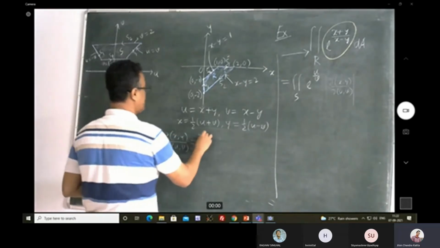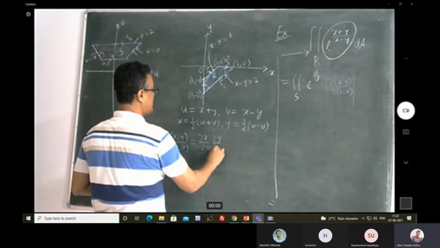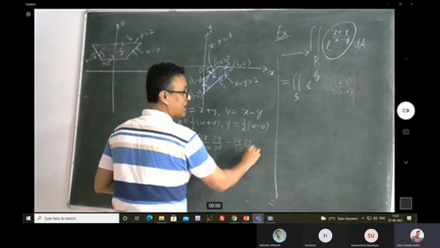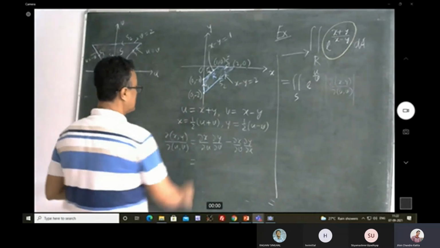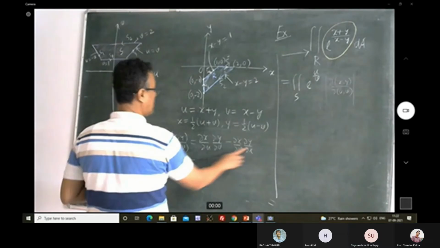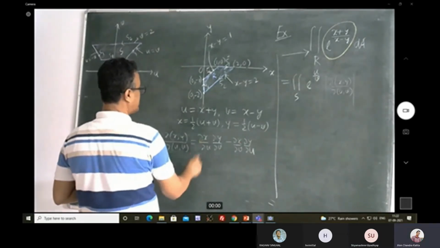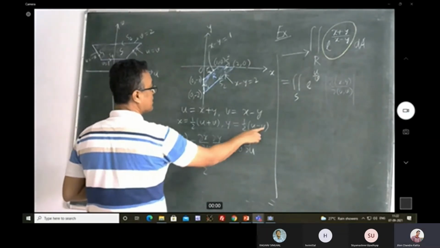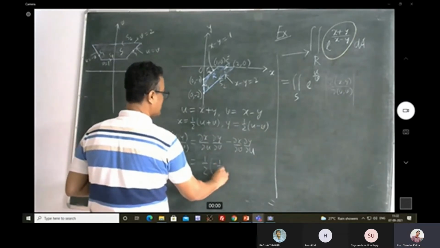So this Jacobian is simply del x del u times del y del v minus del x del v times del y del u, right? So from here I can see that del x del u is half, del y del v is minus half, right?